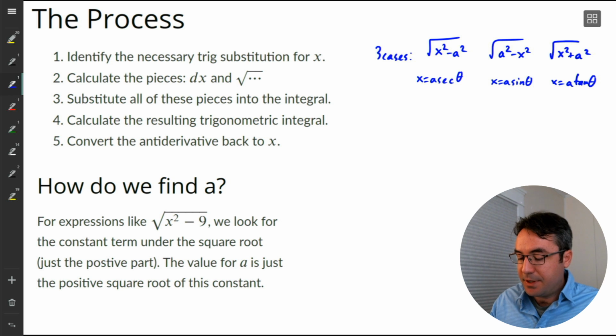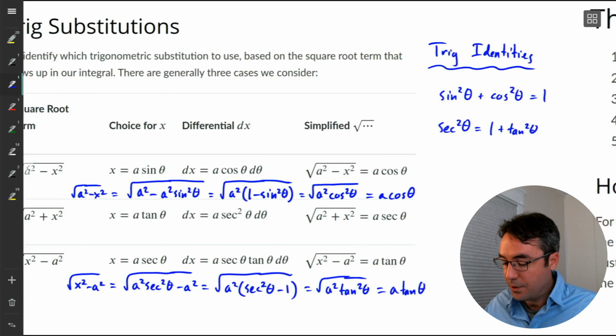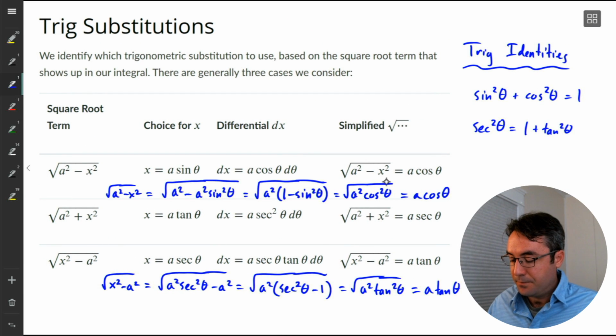The second step is just to calculate all of the other pieces. So differentiate your choice for x to get the differential dx, and figure out what your simplified square root term is going to become. And if we go back to our table here, we know how it's going to simplify in each case.